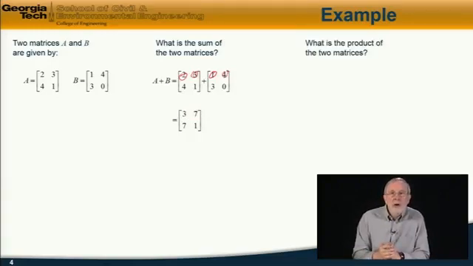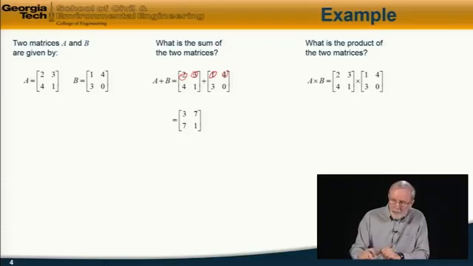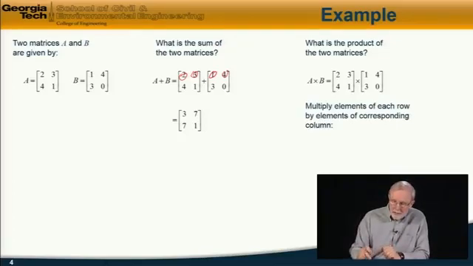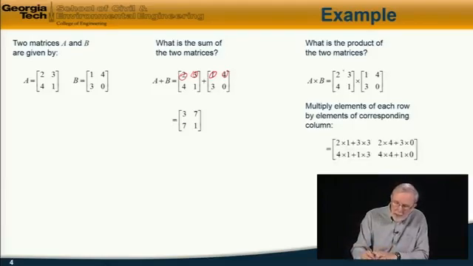Next, what is the product of the 2 matrices? So here we have the product, A multiplied by B, is 2, 3, 4, 1 multiplied by, etc. And to compute this, we multiply the elements of each row by the elements of the corresponding column in the second matrix. So in this case, the first element here is 2 times 1 plus 3 times 3.